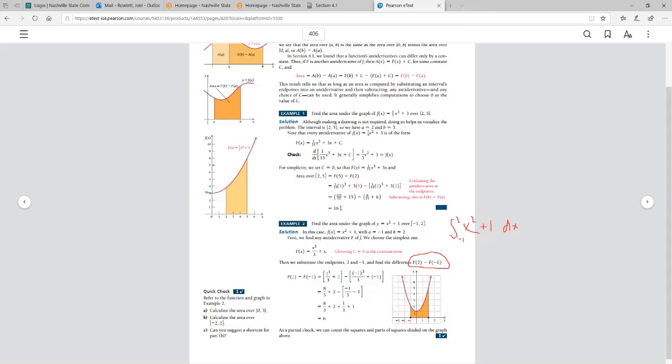And if we take the antiderivative, we get x cubed over 3. The antiderivative of 1 is x because the derivative of x is 1. Or we could say this is 1 times x to the power of 0. And of course, if we add 1 to 0, that gives us x to the power of 1 divided by 1. But we're going to evaluate as x goes from -1 to 2.